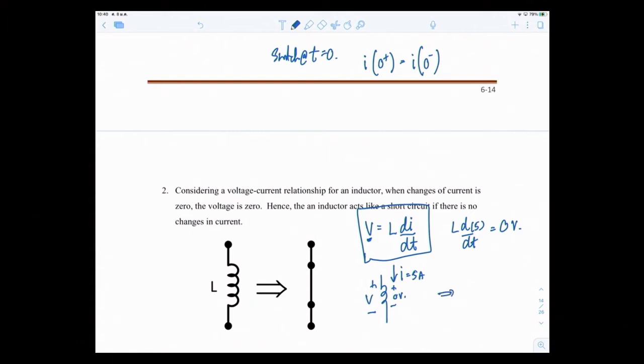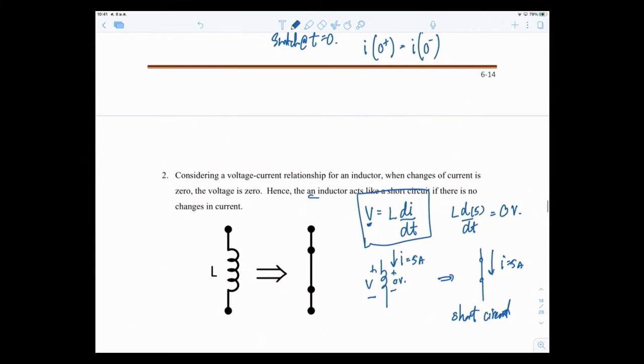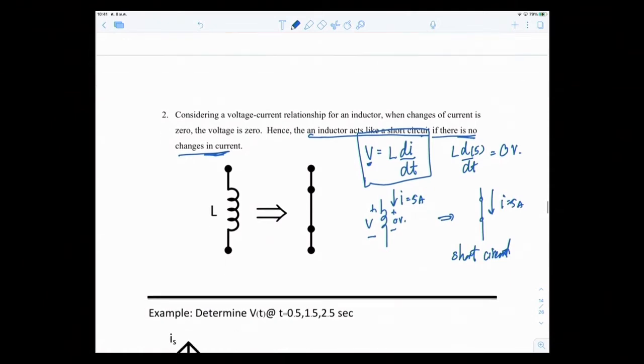You have current going through but no voltage drop across it, so the inductor at this moment behaves like a short circuit. Please remember that: an inductor acts like a short circuit if there is no change in current, for example when a DC current passes through it.